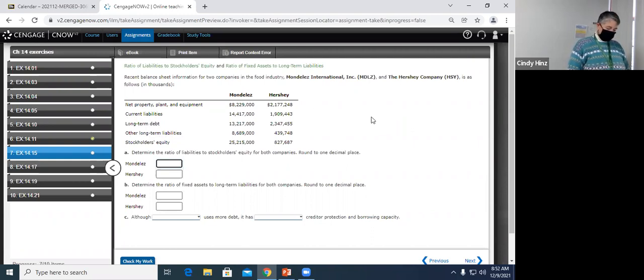So for Mondelez, their total liabilities I got $36,323,000 when I added those together. And we're going to divide that by their stockholders' equity, $25,215,000. And we're asked to round to 1 decimal place.